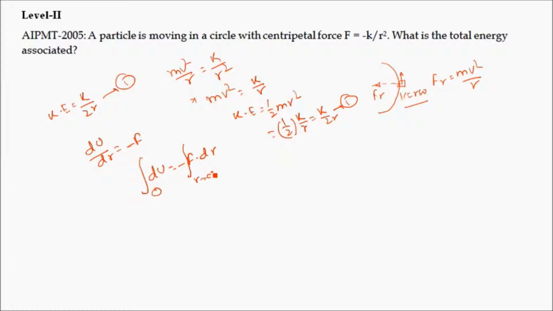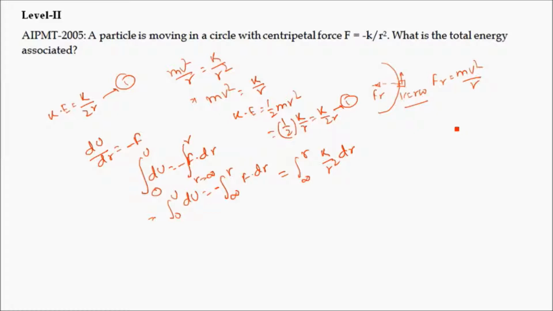So at r equal to infinity we consider the potential energy equal to 0, and when r is equal to r we get the potential energy equal to U. So from there we get the integral from 0 to U of dU equal to the integral from infinity to r of F dr. I put the value of F, which is minus k by r square, so we get the integral from infinity to r of k by r square dr.